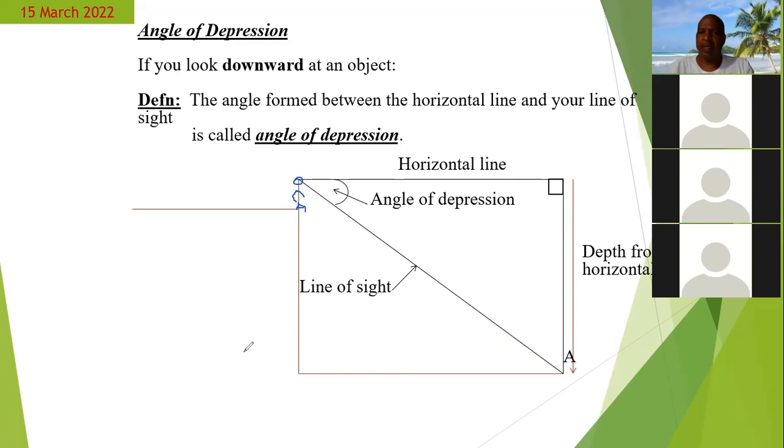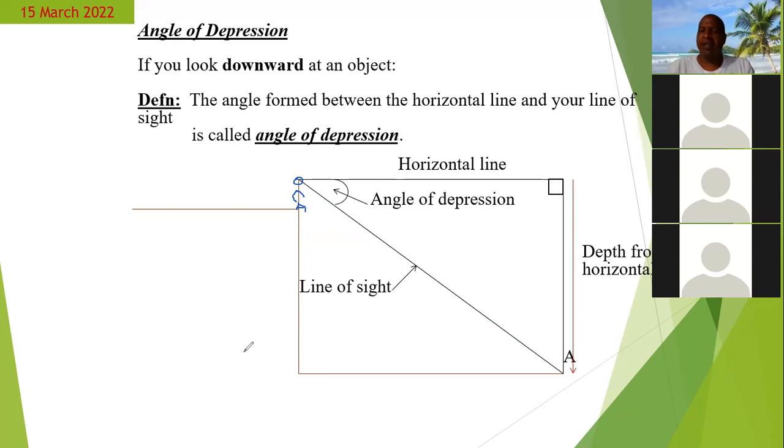Now, clearly we can see also that we could form a right angle triangle if we are standing on a cliff looking down through our line of sight and a horizontal line. One of the usefulness of trigonometry is that you can apply one of the trig ratios to help us with questions like these.